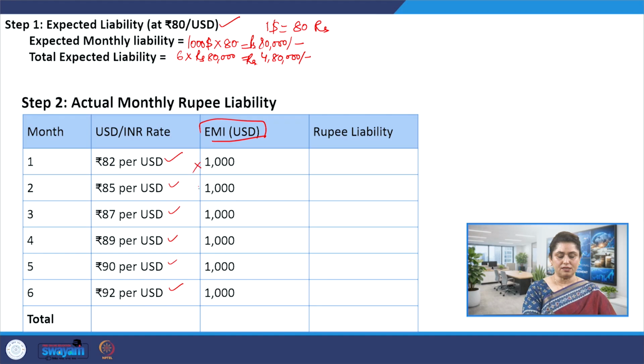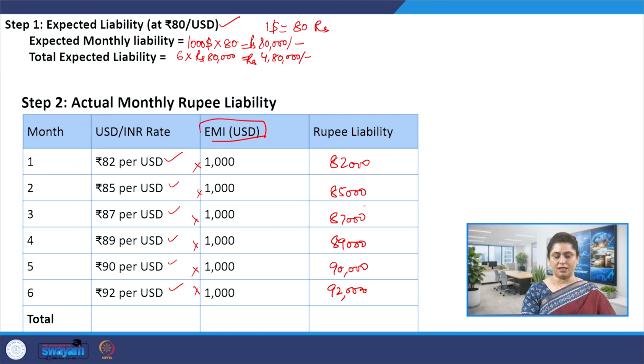So we will just multiply these and find out our rupee liability per month. We have been given that the dollar is appreciating, so you can see that the value of the dollar is appreciating every time. So it is 82,000, 85,000, 87, 89, 90 and 92,000, and so on.